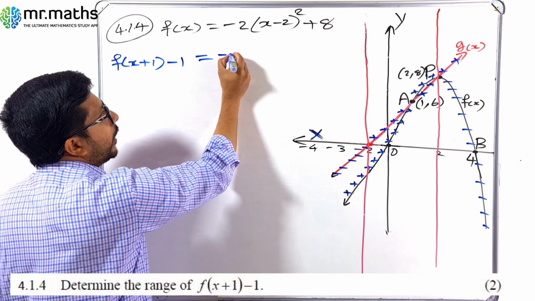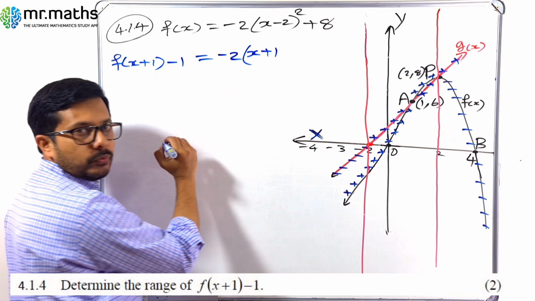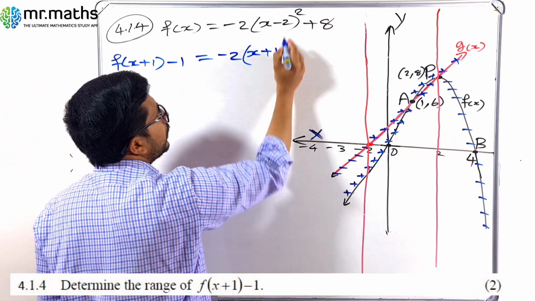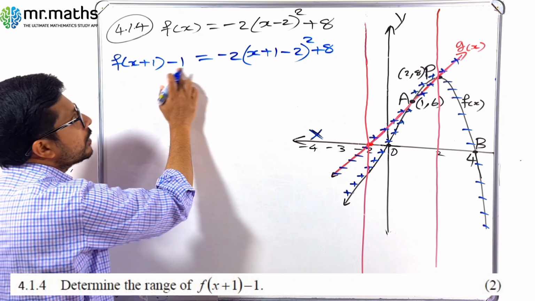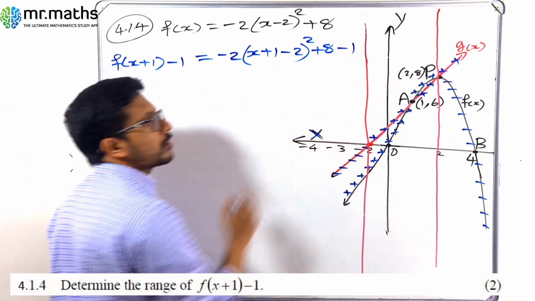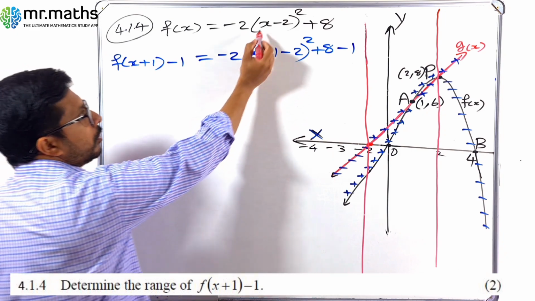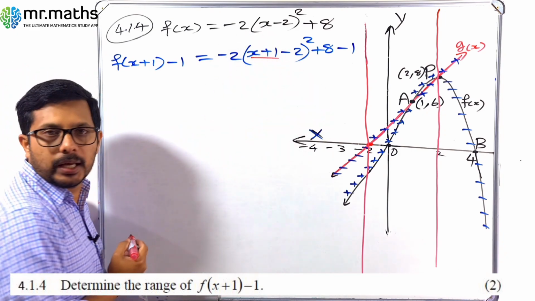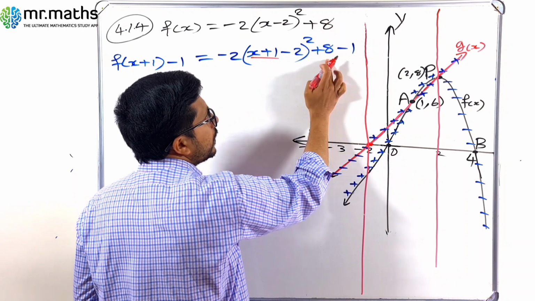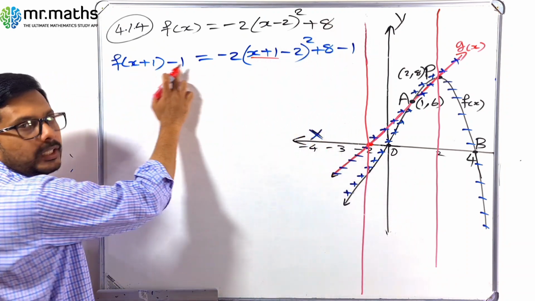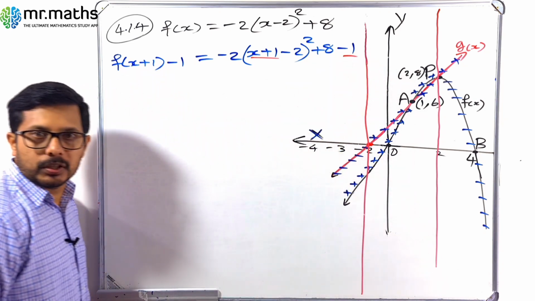So minus 2 into, instead of this x, I am going to write x plus 1. Then this minus 2 the whole square plus 8, then this minus 1. Instead of this x, I wrote x plus 1, and plus 8, then there is a minus 1, shifted 1 unit downwards.